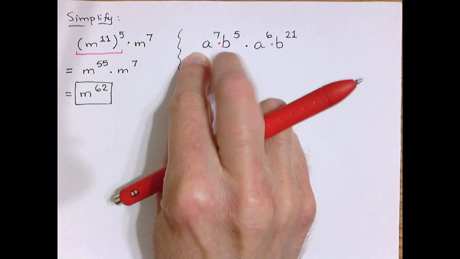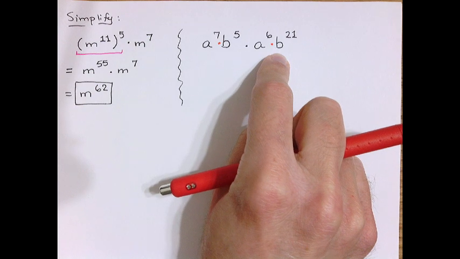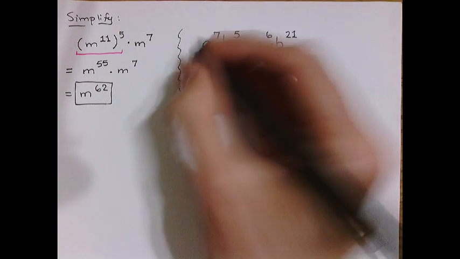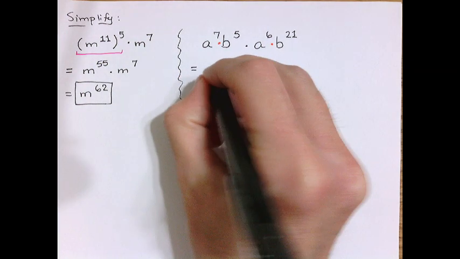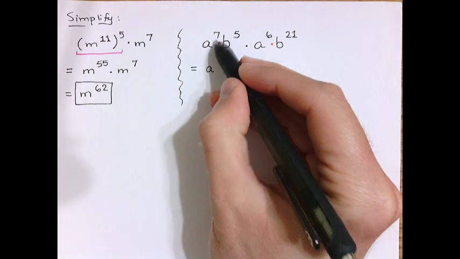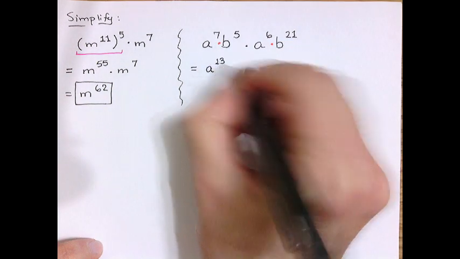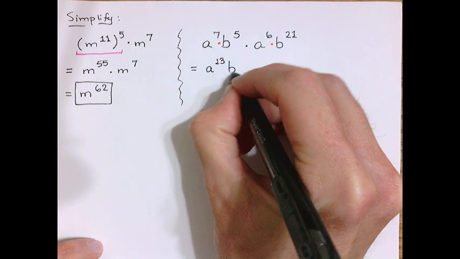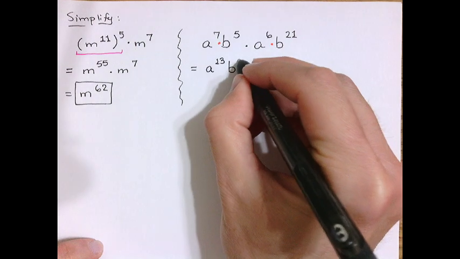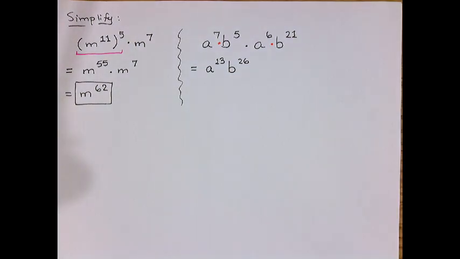You've got factors of a and factors of b, and the great thing about multiplication is that you can rearrange these guys in any order that you want. And so really it just comes down to identifying how many total factors of a do we have. You've got 7 here. You have 6 there, so altogether there are 13 factors of a. And then when it comes to the b, you get 5 here, 21 there, and we get b to the 26th. Yes, Nightwolf, perfect.